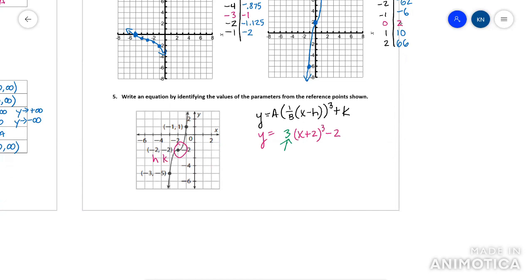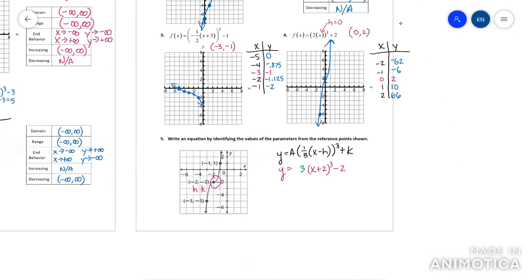I'm just going to look at it, realize that my first jump went up 3. So I'm just going to call it 3. Now, if this line had looked like this, I would have put -3 because there was a reflection there. But since it just mirrors what a normal cubic function looks like, you can just call it +3. I hope that made sense. Your teacher will probably get mad at you for doing it that way, but sorry.